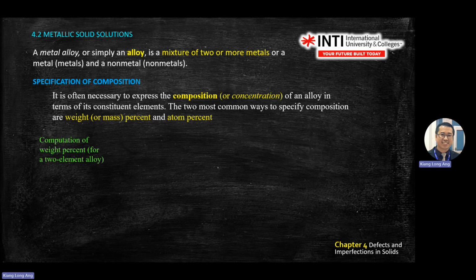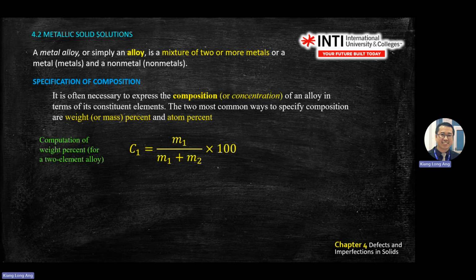Now the first calculation for the second half is computation of weight percentage for 2 elements. Later, if you have 3 elements or 4 elements, you apply the same, but I show you the 2 element case. Because you're using weight, for composition number 1, you take the ratio of number 1.